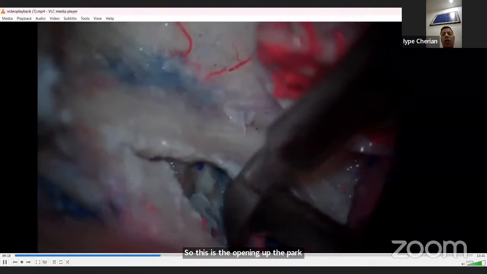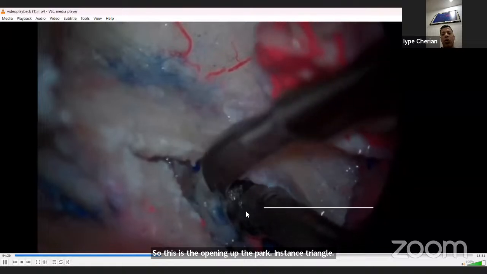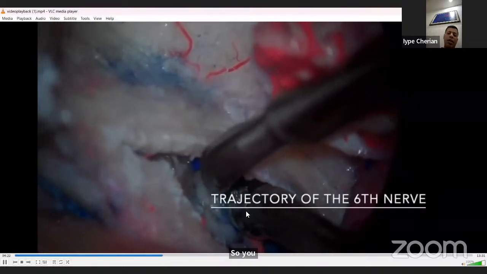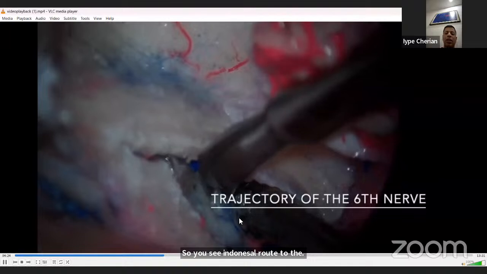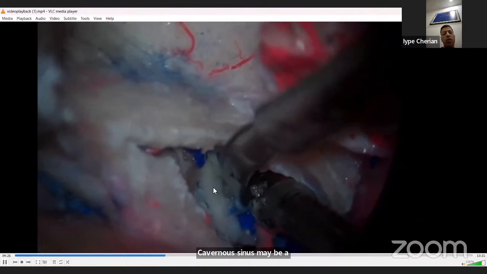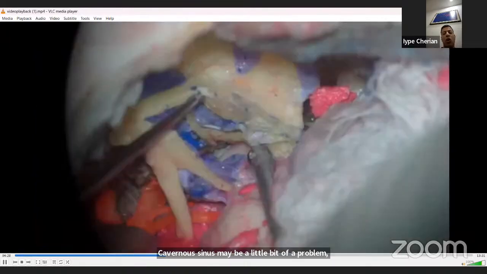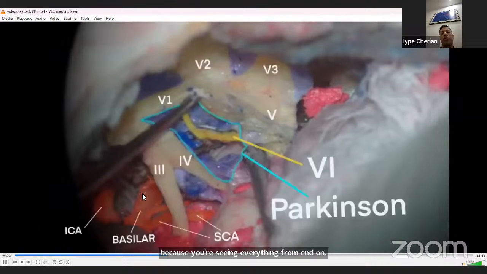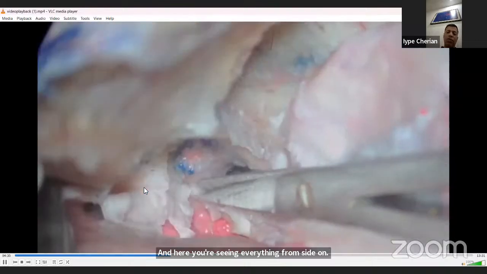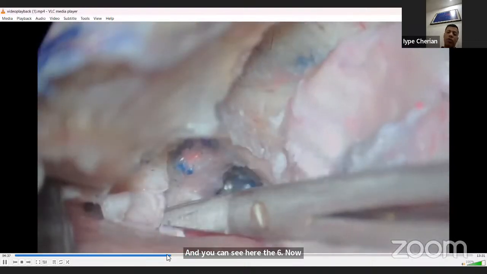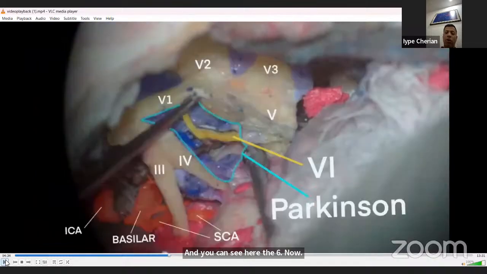So you see, endonasal route to the cavernous sinus may be a little bit of a problem because you're seeing everything from end on. And here you're seeing everything from side on. And you can see here the sixth nerve, third nerve, fourth nerve. And we have gone into the posterior fossa.